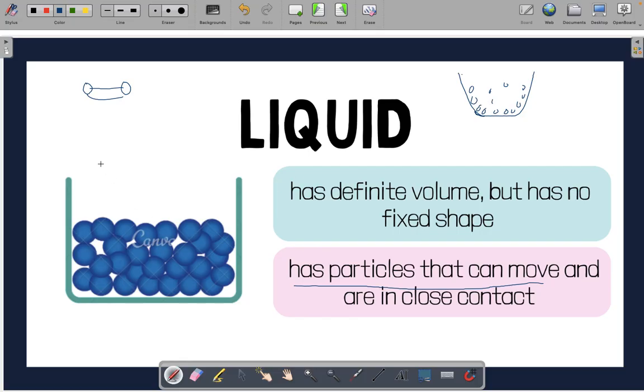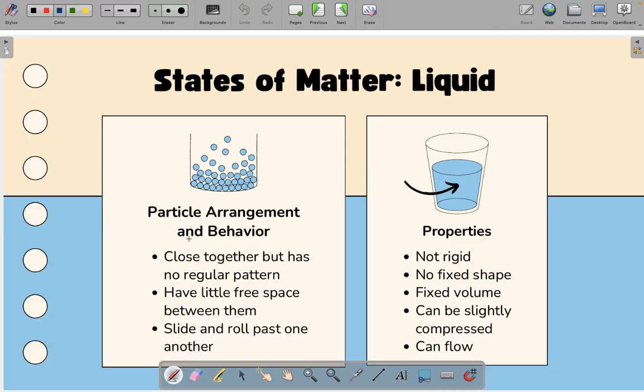But in liquid, since they are allowed to move because the force of attraction is very small when compared to solids, they can move freely and occupy this space, and then they take a fixed shape, right? So if you look at the particle arrangement, they are close together just like solids, but in case of solid, the particles had a regular pattern like this.